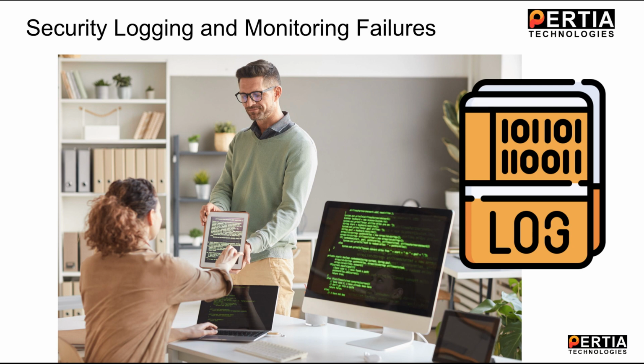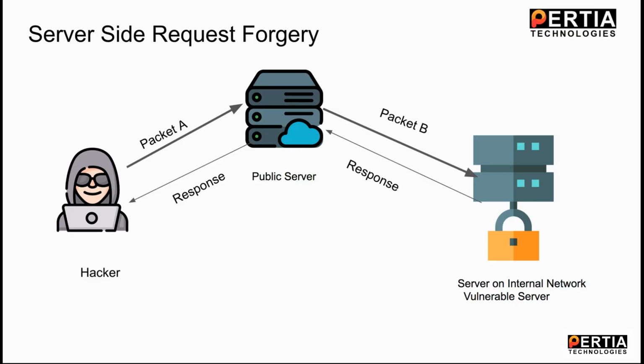Last but not the least, and a very critical one, is SSRF, which is called server side request forgery. SSRF is a security vulnerability that allows an attacker to make a web server perform actions on their behalf. It's like convincing a server to be your digital puppet. Now, how does it work?